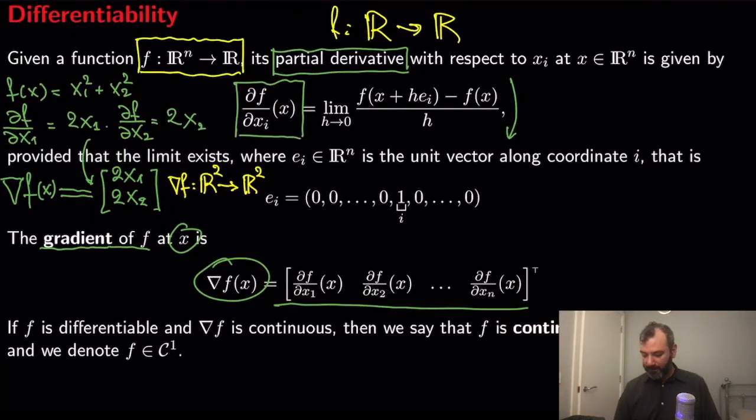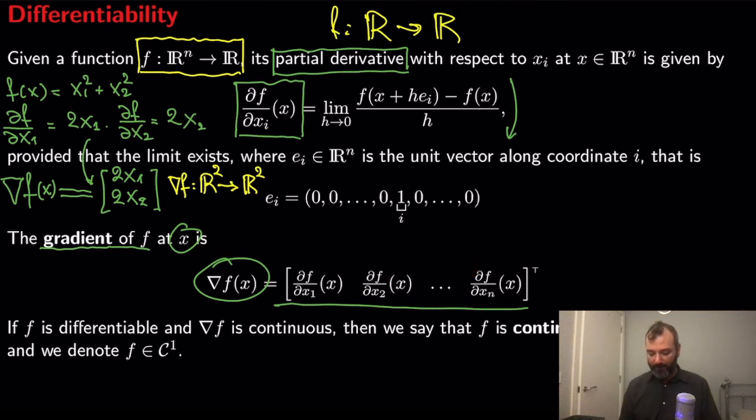Pay attention here. I have put one next to each other, and then I'm putting a transpose here. The only reason why I'm doing that is because I didn't want to have an expression that was vertical. It wasn't convenient to present it on the slide. That's why I have the transpose here, so I can write the expression horizontally. So this is the vector of all partial derivatives of my function f.